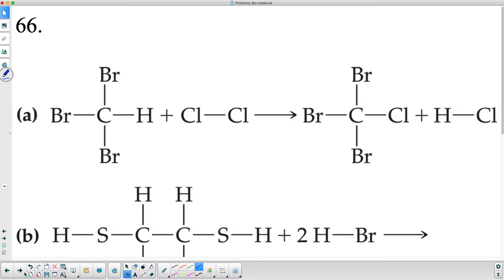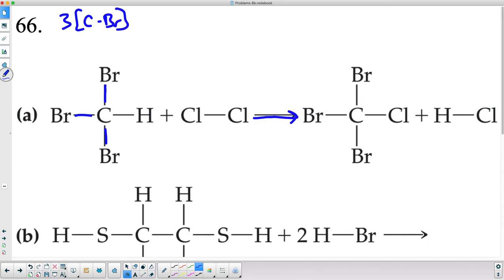Now notice that what we're going to do is use bond enthalpies. I'm going to add up all of the bonds I have on the reactant side, which means before the arrow. This will go pretty quickly. I've got 3 C-Br bonds.